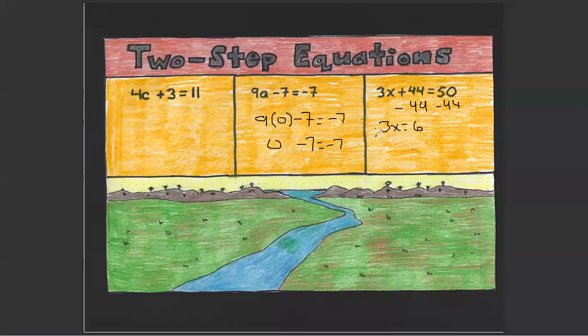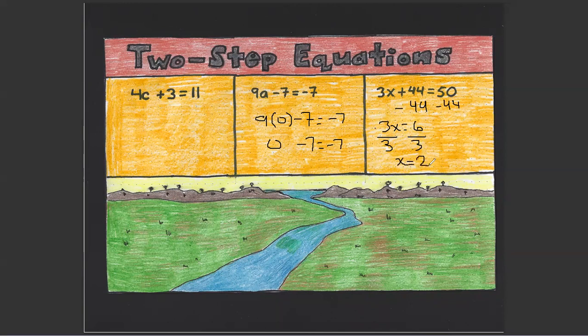And what we're going to do in this case, again, is divide by the number that is next to the variable, 3, and we're going to divide both sides by 3.